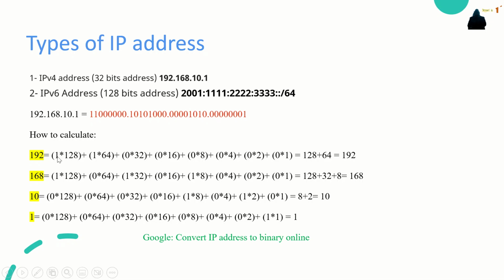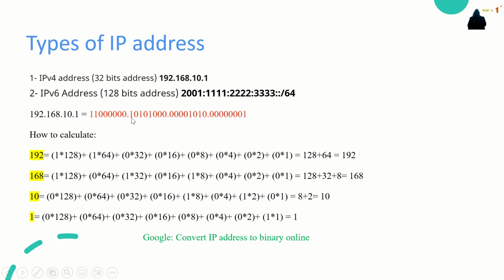You can see it should be 128 plus 64, which is 192. And it's the same for this binary. You can calculate the binary, or you can calculate the IP address from the binary.